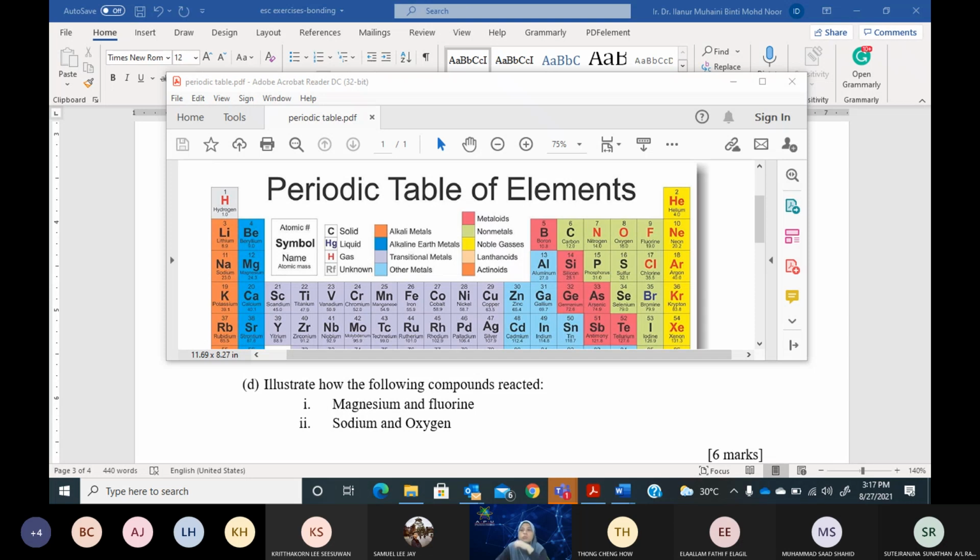So it needs to accept. Fluorine needs to accept 1 electron from magnesium to become stable. The 2,7 is not stable.